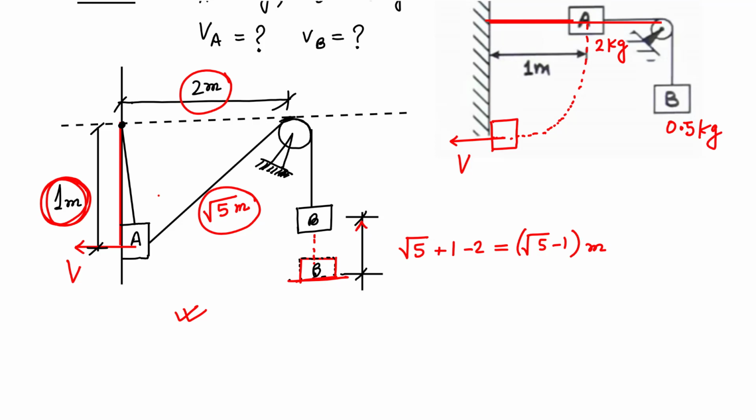Now let us say this is moving up with velocity v1. So what are the unknowns we have? In this problem we have unknown v1 and another unknown v. How will you solve this problem? You need two equations. One equation you can write using energy conservation, and another equation you can write using the relation in velocity.